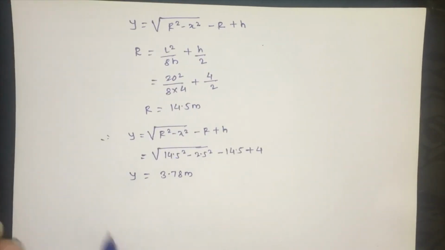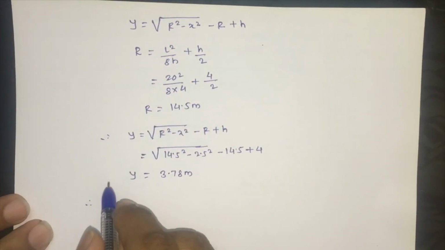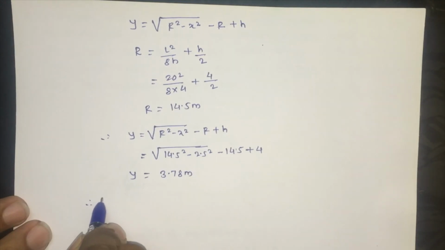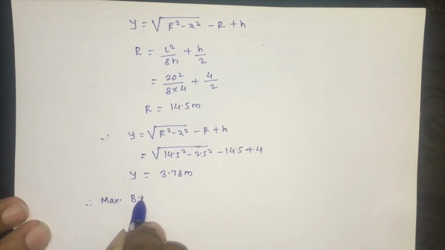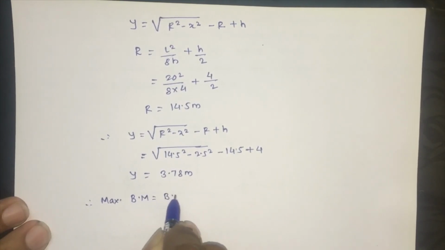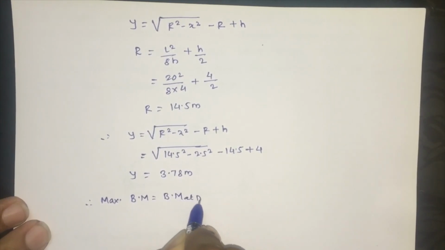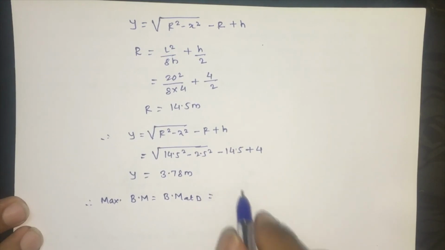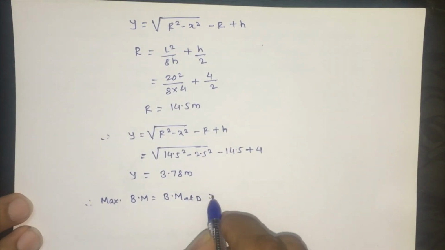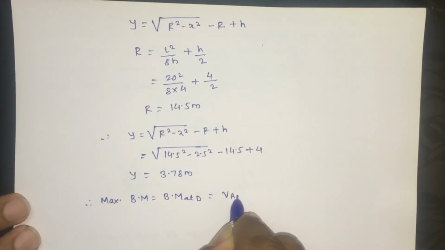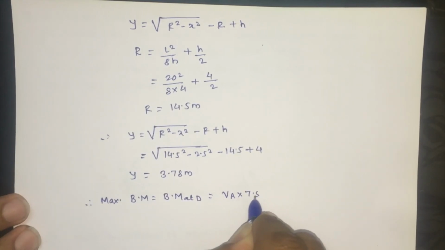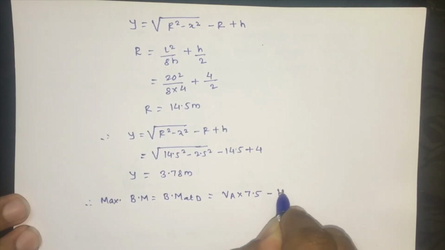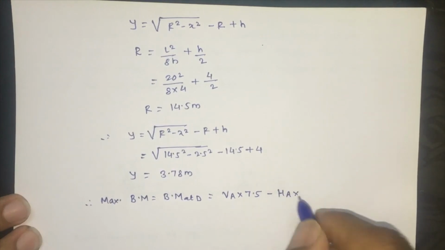Therefore, maximum bending moment is equal to bending moment at point D, which is VA into 7.5 minus HA into this Y distance.